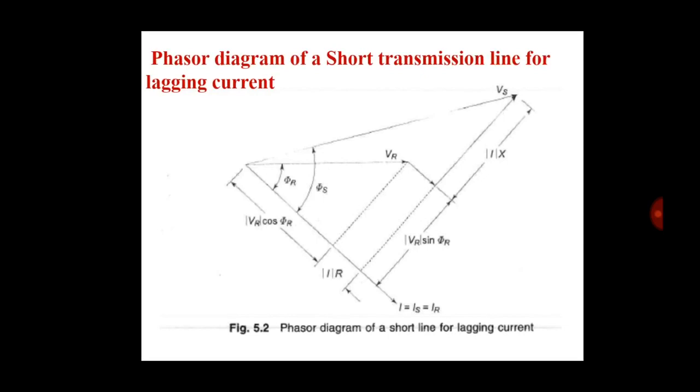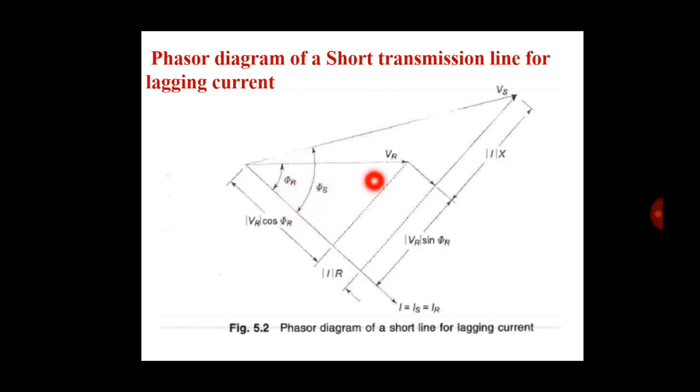Now in the equivalent circuit, IR is equal to IS, meaning the sending end current and receiving end current are both the same and equal to I. So here we draw IR lagging, and the angle between VR and IR is equal to phi r.